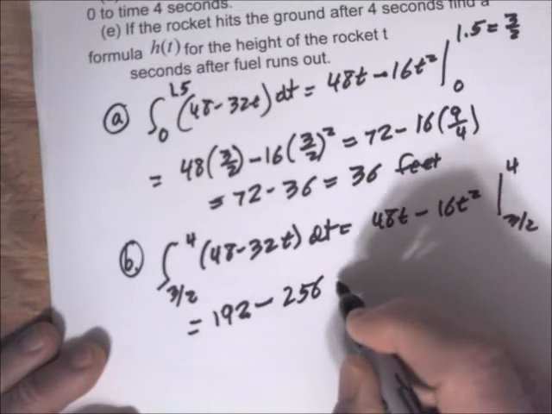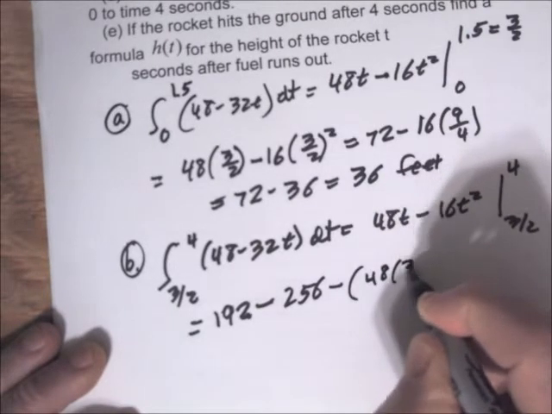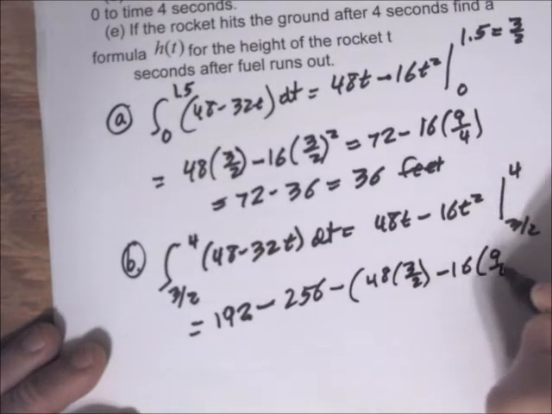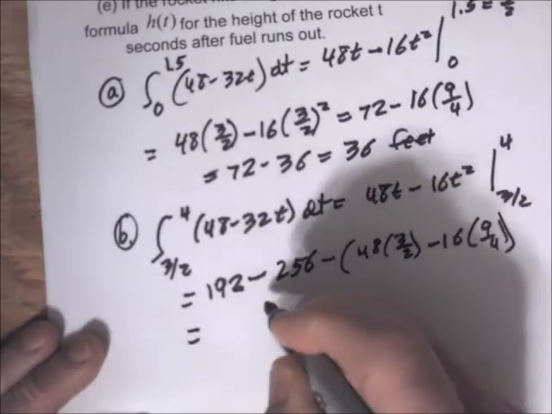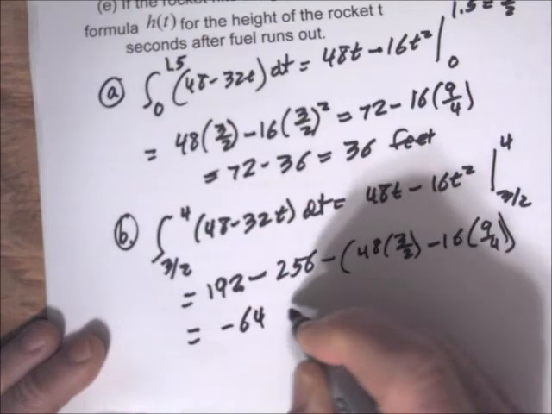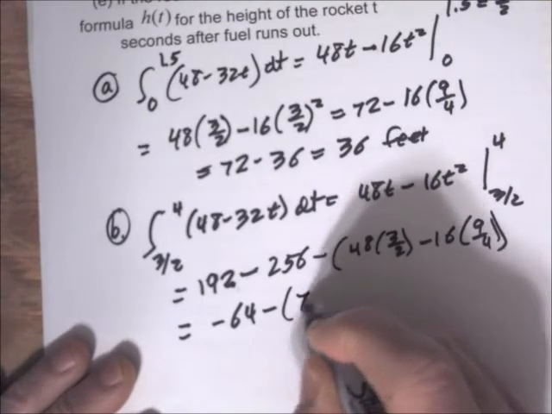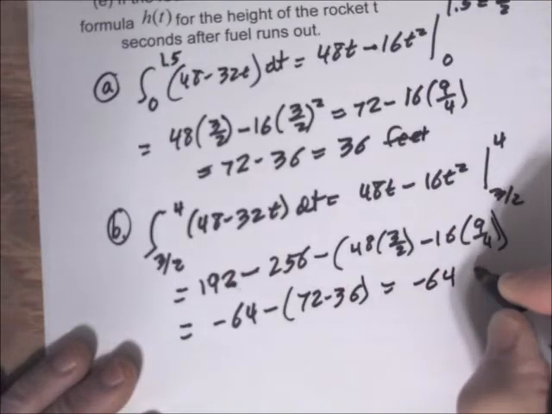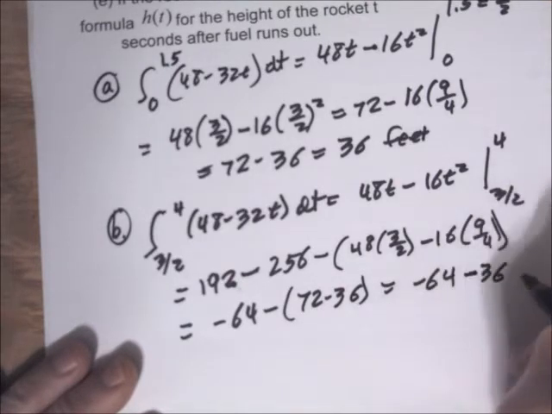And at the lower limit, we'll have 48 times 3 halves minus 16 times 3 halves squared, which is 9 fourths. If we subtract here, this is going to be minus 64 minus 72 minus 36, minus 64 minus 36, it'd be minus 100 feet.